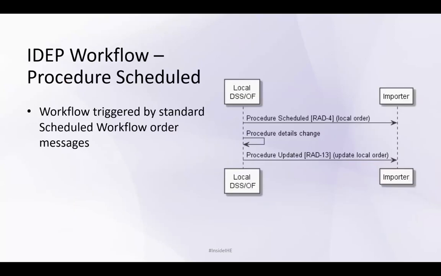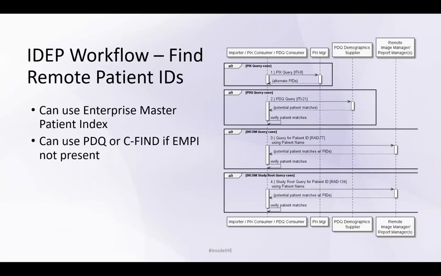So this is a simplified view. To go into a little more detail, as I mentioned, the trigger is a conventional procedure scheduled message, such as used by the Scheduled Workflow profile. For identifying the remote patient IDs, in the ideal scenario, you'll have an EMPI with PIX capabilities. So from the local patient ID, I can just query the PIX to get all my other patient IDs for the associated sites.